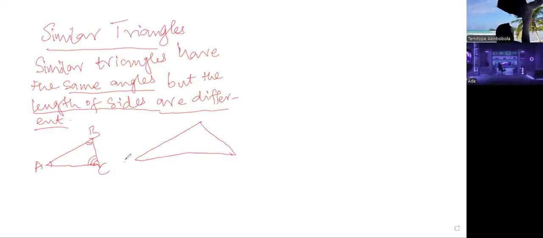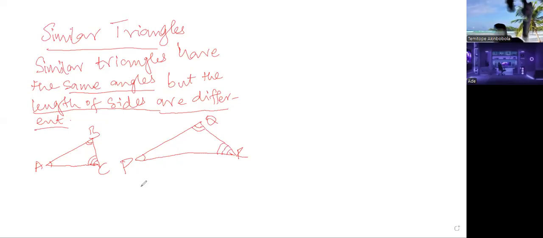So this is P, Q, and R. So you can see that angle R is the same thing as angle C. Angle Q is the same thing as angle B. And angle P is the same thing as angle A. So in terms of angle, they have the same value.